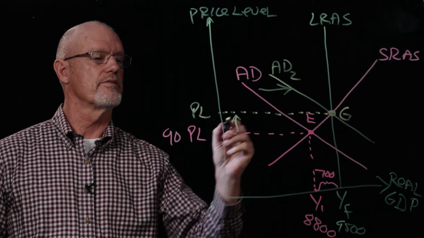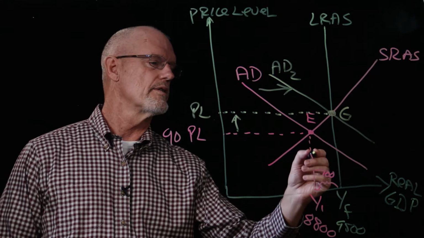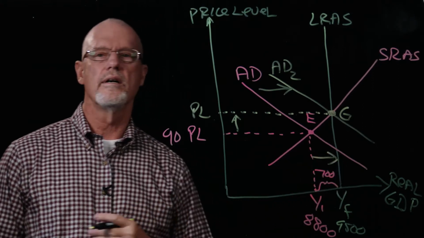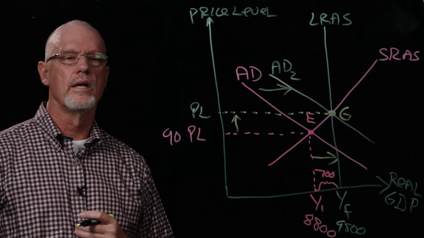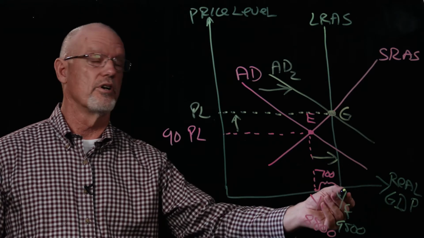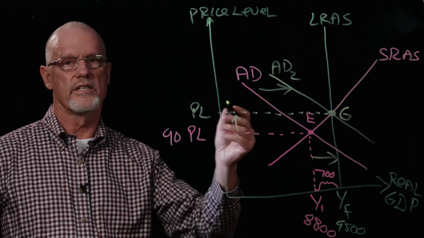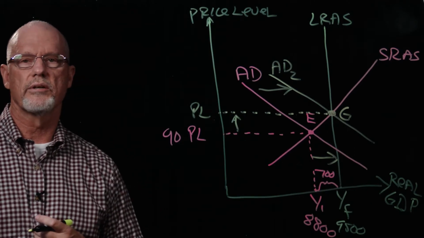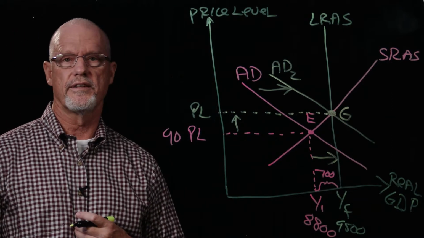So price level goes up. But notice that real GDP also goes up. So the good news is we're no longer in recession. The bad news is it might cost us some increase in the price level or inflation to get there.